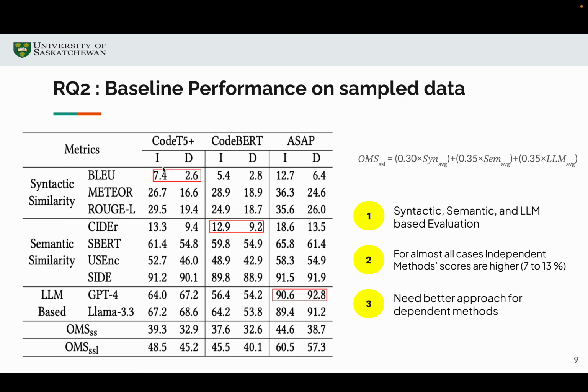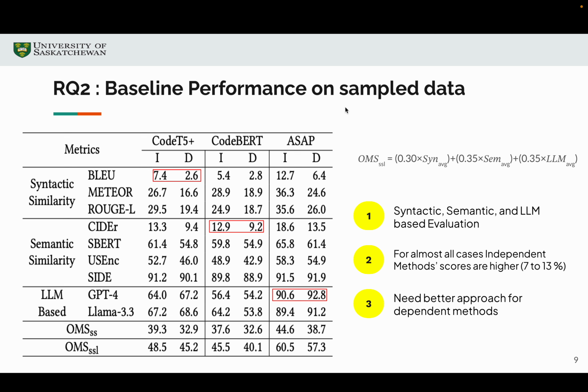Okay, so we can notice that in almost all cases the results for independent methods are better than for dependent methods. So what does that mean? It means that the currently existing models perform well at generating comments for independent methods, by 7 to 13% as you can see, but for dependent methods they are lagging behind.